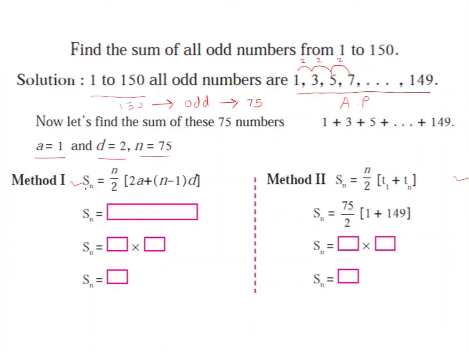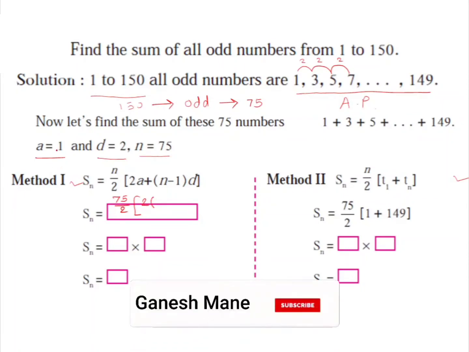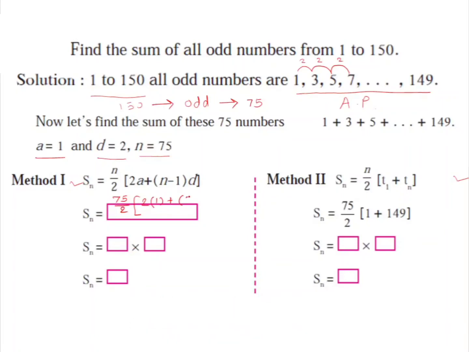So here we have the formula Sn = n/2 [2a + (n - 1)d]. n is 75, so we take 75 divided by 2 into bracket 2 into a, that is 2 into 1, plus (n - 1), that is 75 minus 1, into d, d is 2, bracket completes.